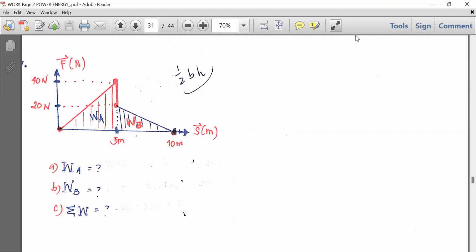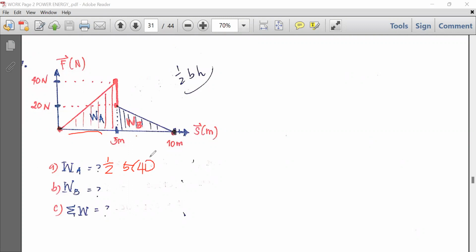What is the base? What is the height? So 1/2, the base is 5, times the height. What's the height? 40. So height is 40.